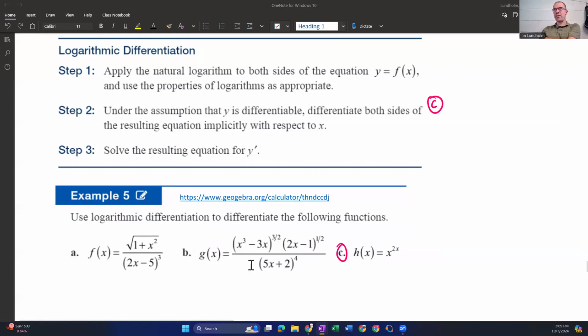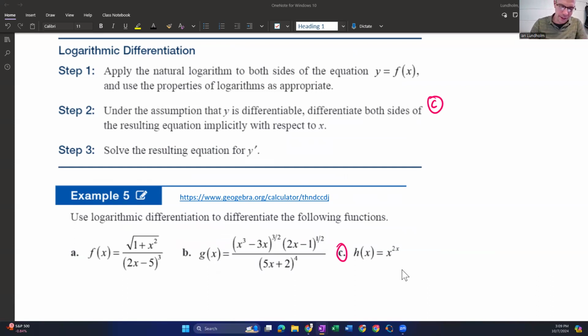It would be gross to do it in this kind of form, but technically it would be possible. In part C, though, this is a new type of function that we would not be able to tackle without logarithmic differentiation. And so I feel like it's more important to look at this one.